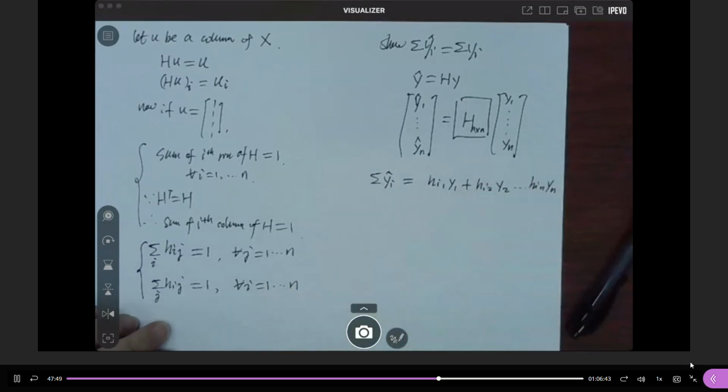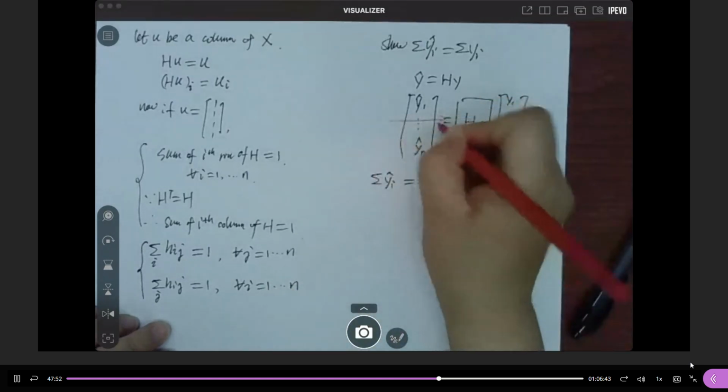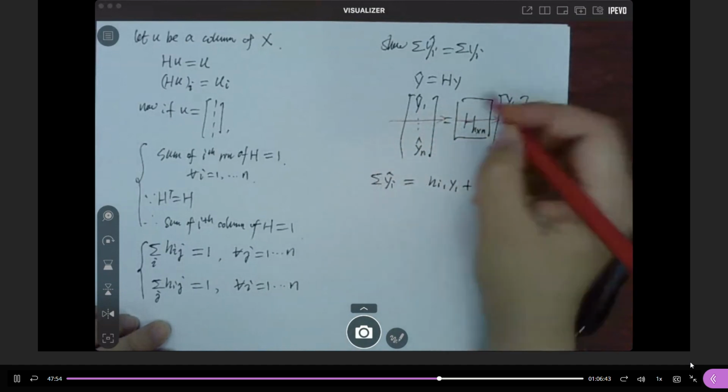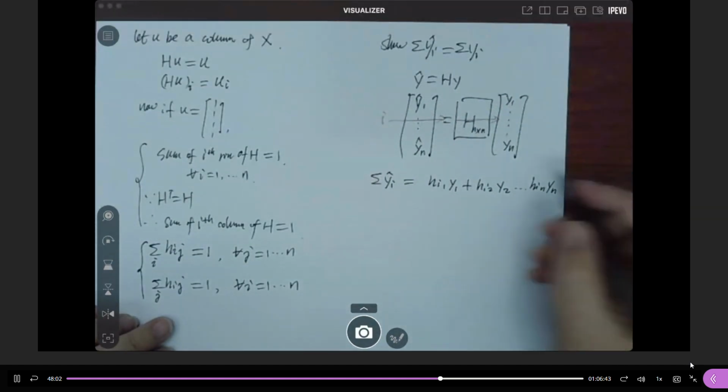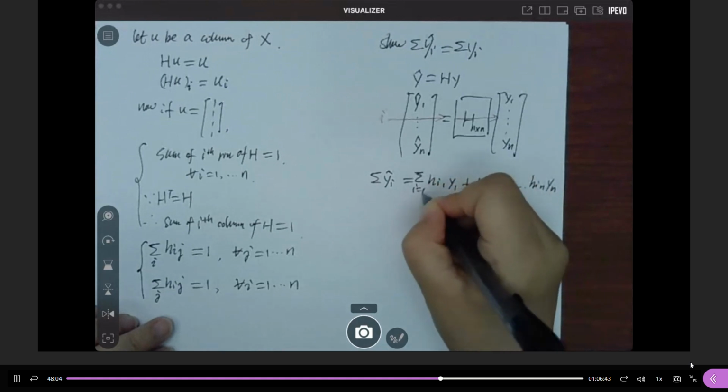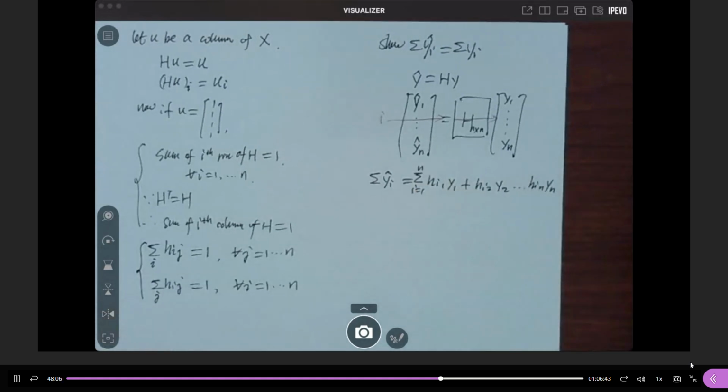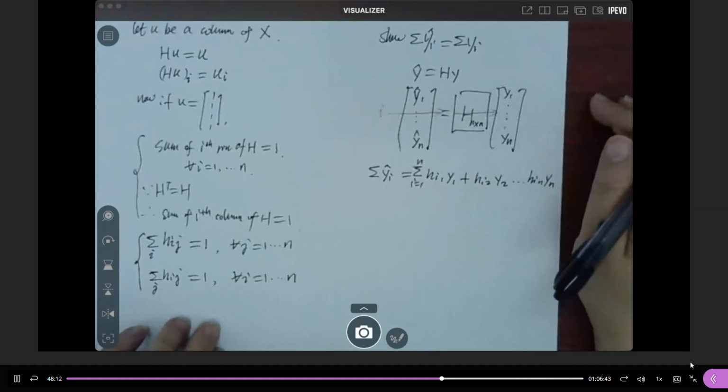Each yi hat, that is the ith row here, equals the ith row of H times y, right? Then you take a summation, i goes 1 to n. The whole thing needs to be in the summation, right?